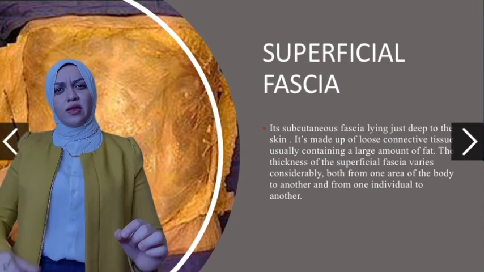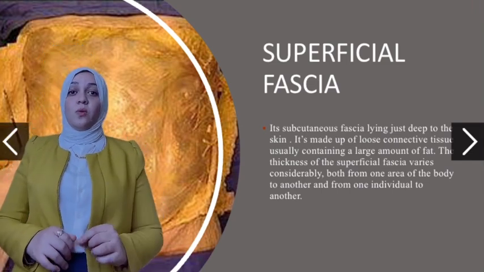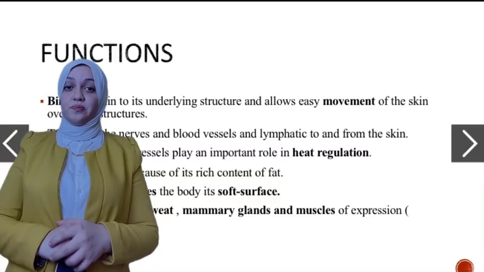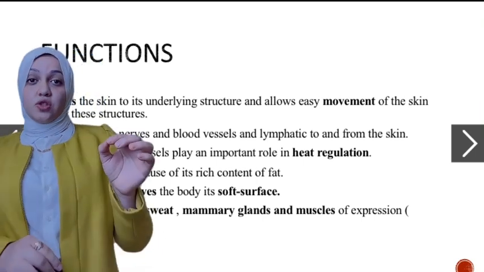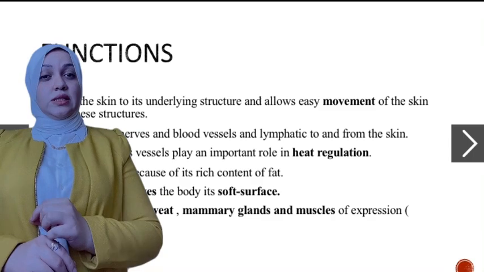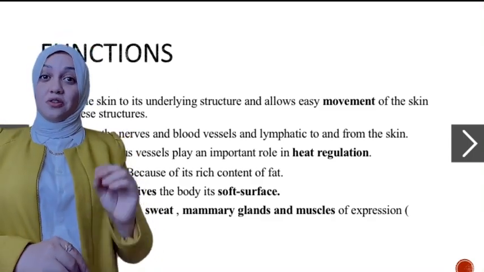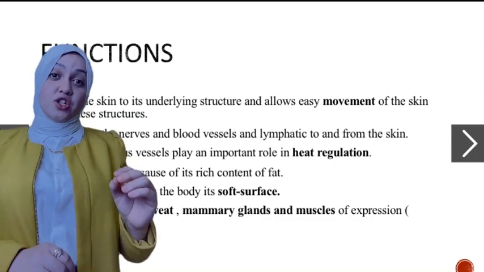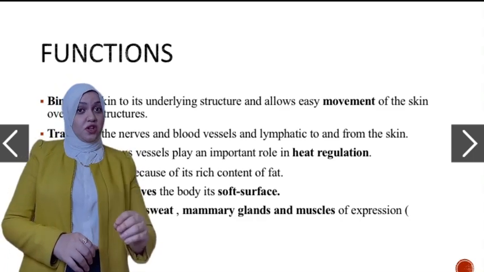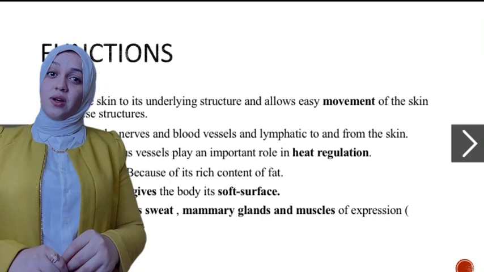Now that we understand the distribution of the superficial fascia, we need to know the function of the superficial fascia. To know the function of something or somebody in your life, you need to imagine your life without that body. And to know the function of something in your body, we shall imagine that body without that thing.